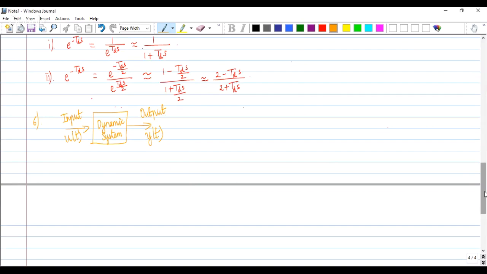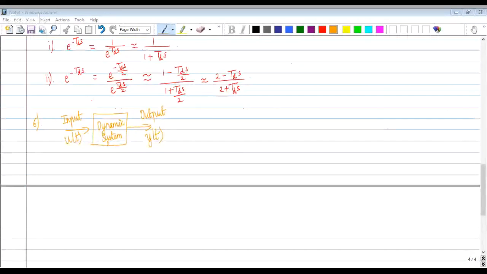Models which have derivatives in their equations, like ordinary differential equations, wherein we use derivatives to capture what can happen in the future, and then use them to model the system. So that, in a nutshell, is our understanding of what is called a dynamic system.